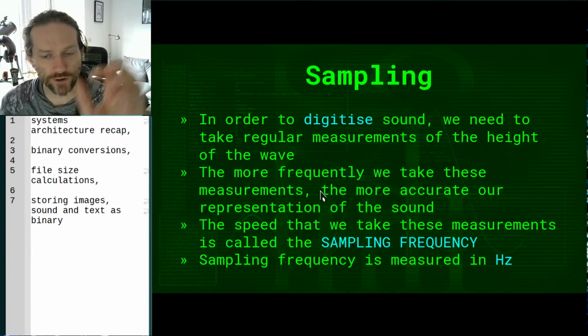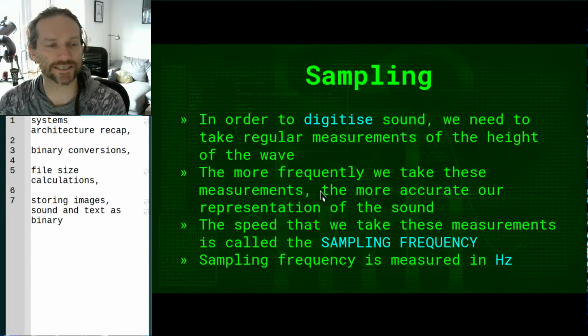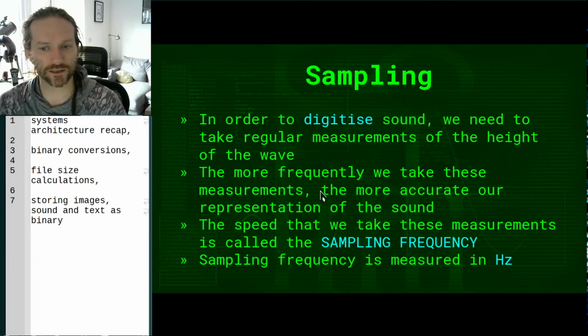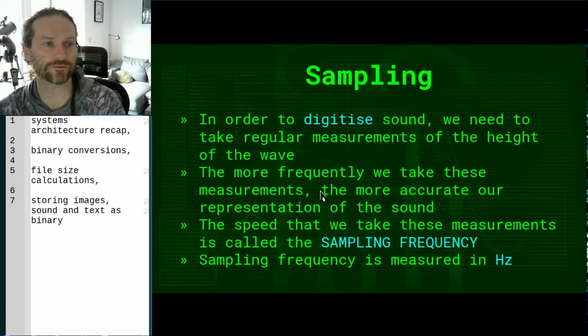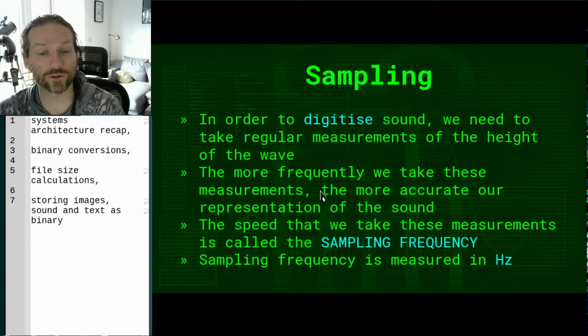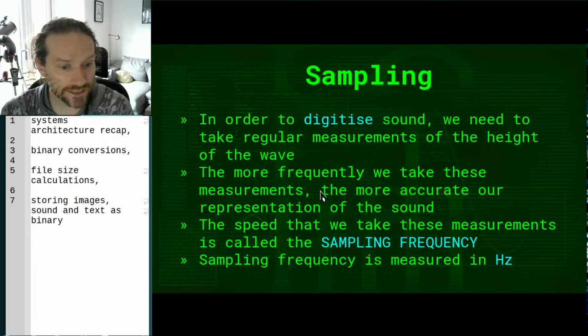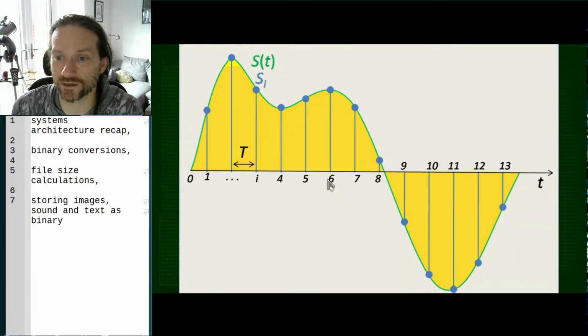Each of those measurements is called a sample. And you take a whole bunch of those measurements so that you can reconstruct the wave later. The rate that we measure the height of the wave is called the sampling frequency, which is measured in hertz. So if you have a sampling frequency of, I don't know, 40 kilohertz, that means you are taking 40,000 samples per second. How does this apply to animal care? Who knows? That's left as an exercise for the reader.